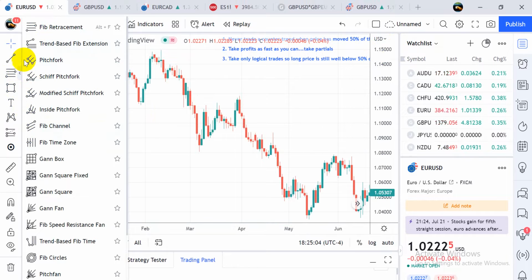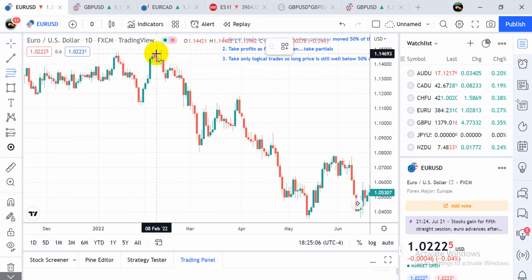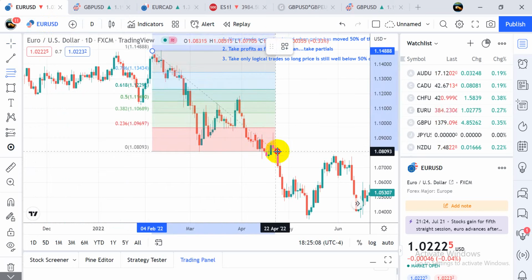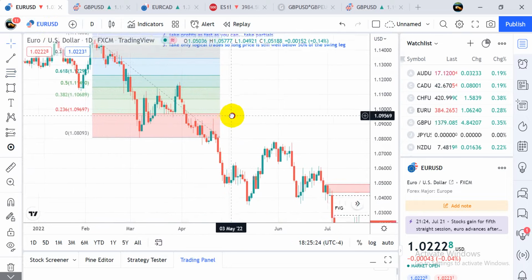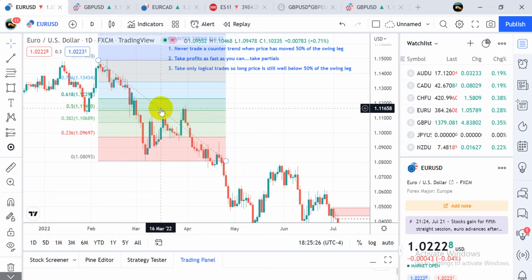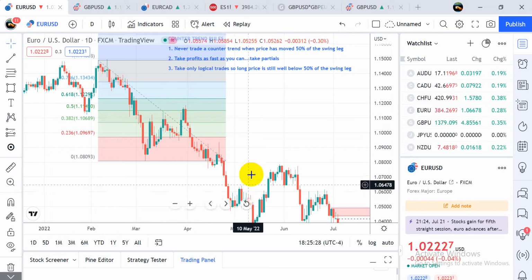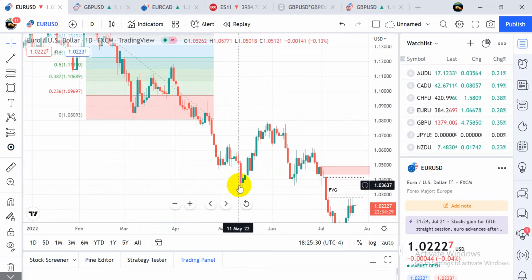Okay, let us talk about this pullback, this swing right here. From this swing high to this swing low, we call this a swing leg. So naturally, price retraced 50% before giving us the continuation. Okay, now the next swing leg is this high to this low right here.